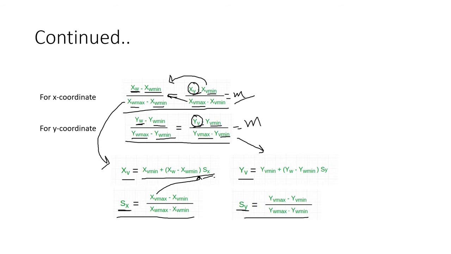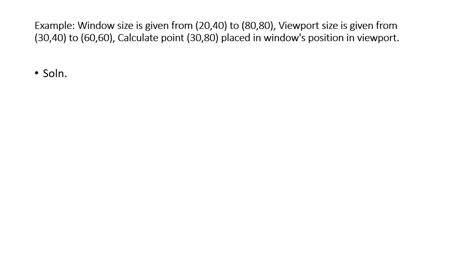Now we can look at an example. Let's say that window size is given from 20 to 40, from 20 to 40 to 80, 80. So these values are actually your xw min, yw min, and this is your xw max, and this is also your yw max. Viewport size is given from 30 to 40, 60 to 60.